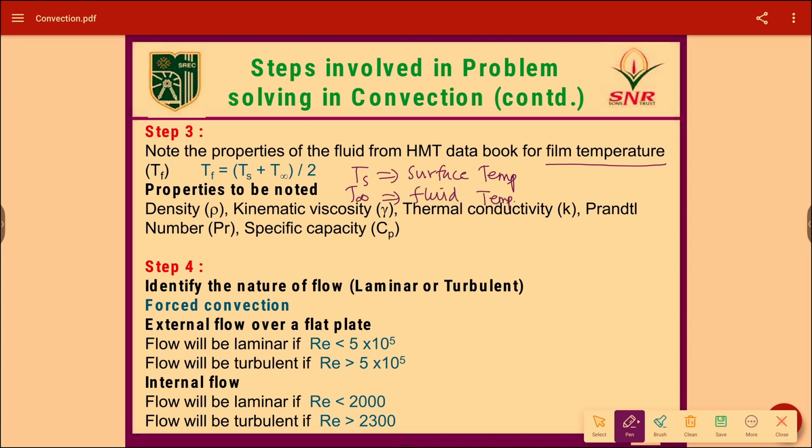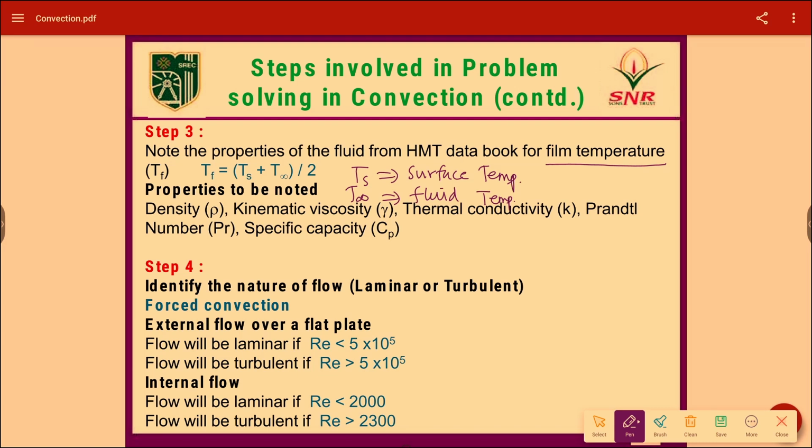So we calculate the film temperature, which is the average of the surface temperature and the fluid temperature. The properties which you have to take are density, kinematic viscosity, thermal conductivity, Prandtl number and specific heat capacity.